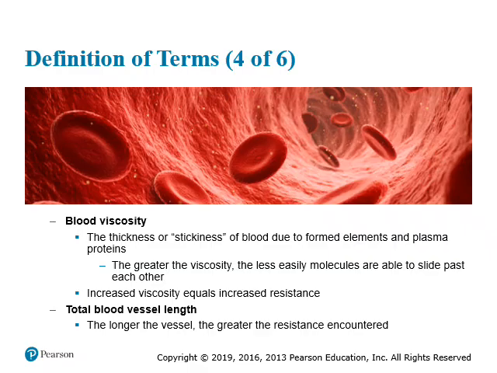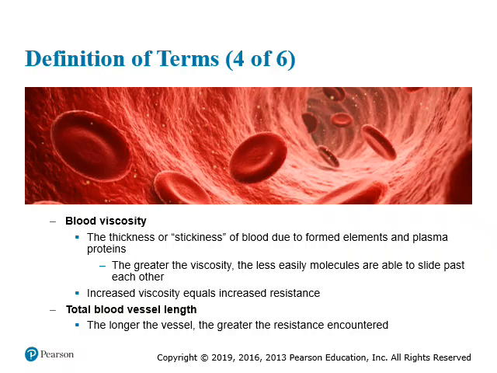Blood viscosity. This is the first one. Blood viscosity is the thickness or the stickiness of the blood because of the formed elements and the plasma together. The general idea of viscosity is that the thicker the fluid, the less easily molecules are able to slide past each other.